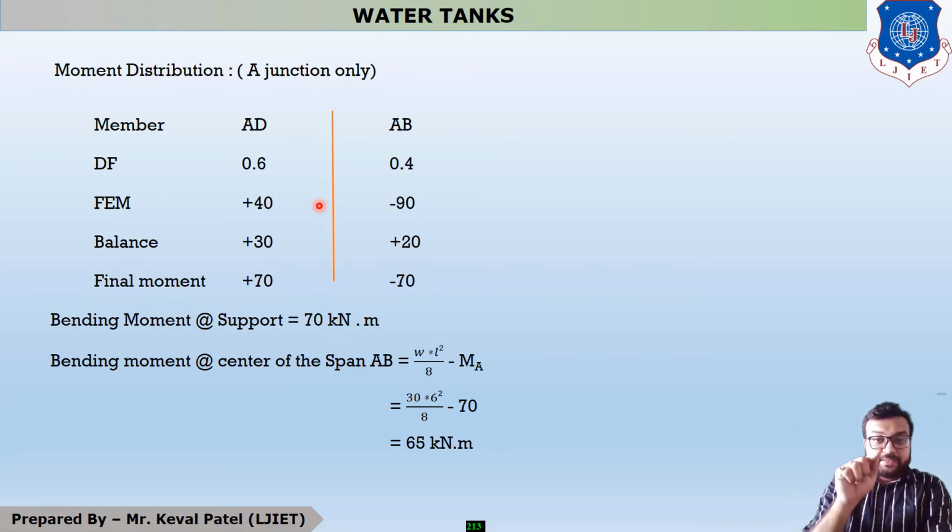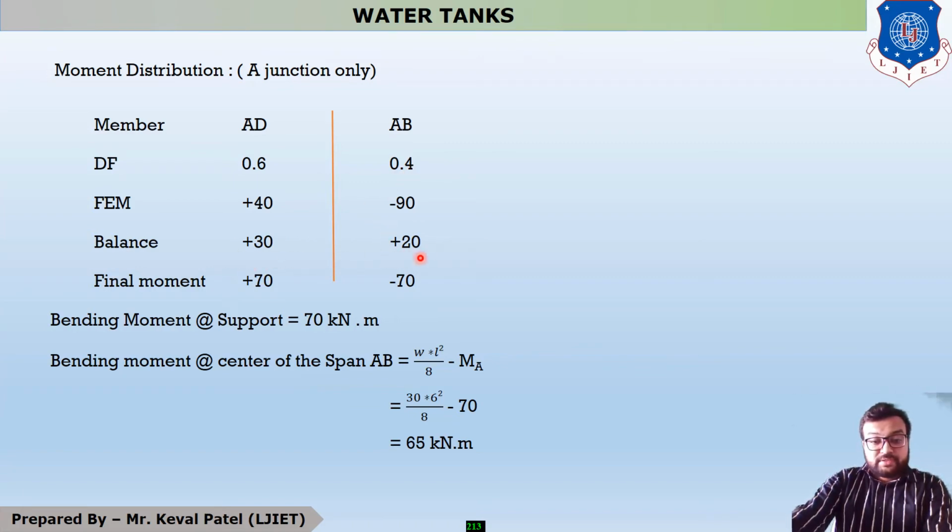Now you can see that your moment is not balanced. It means a negative moment is there at junction A. So we have to convert minus 50 into plus 50 for the balance criteria. So plus 50 into 0.6, you will get your answer plus 30, and plus 50 into 0.4, you will get your answer plus 20.